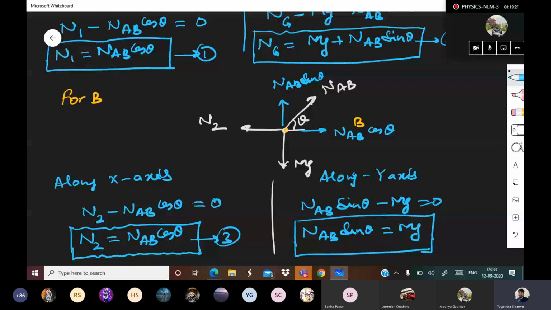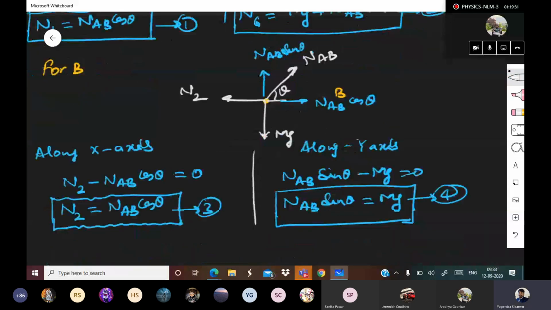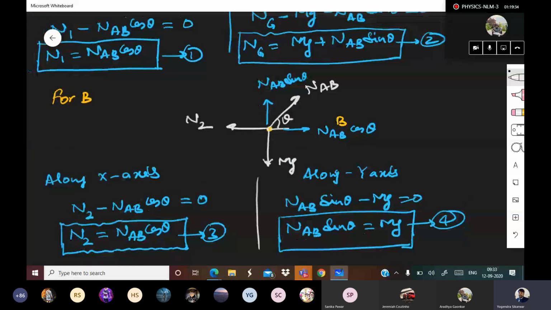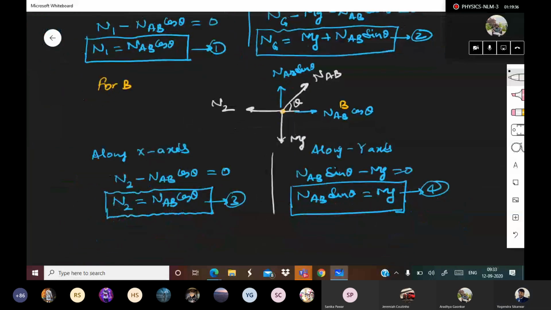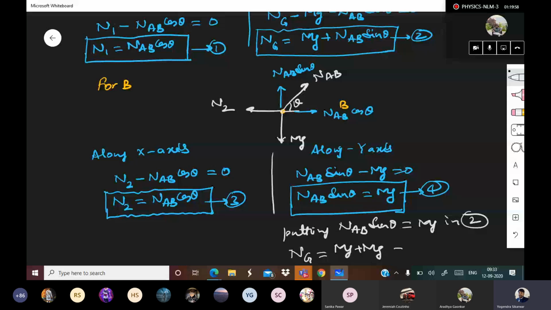Now if I put the value of NAB sine theta from 4 to 2, putting NAB sine theta is equal to mg in 2, we get Ng is equal to mg plus mg, and that gives Ng is equal to 2 mg.